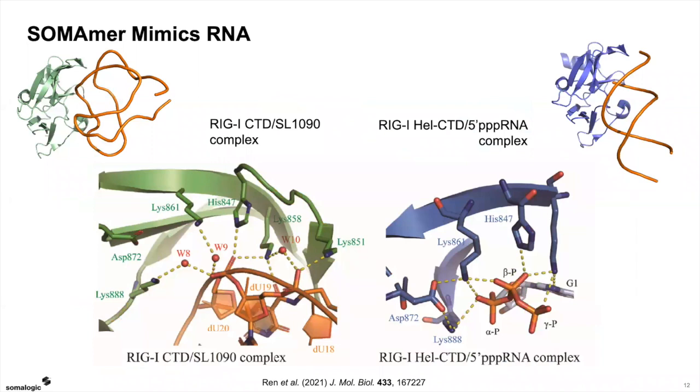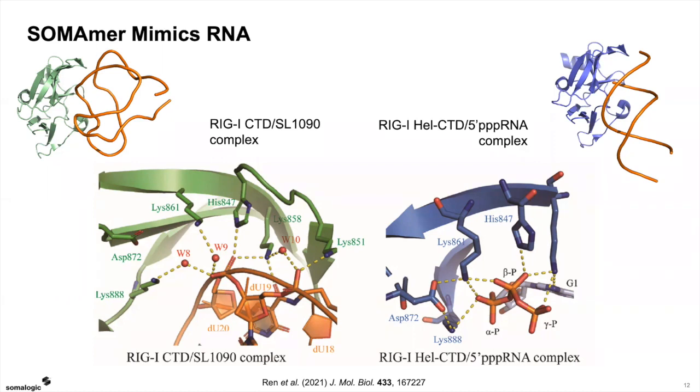But what's really cool is if we look a little bit closer at the interface and we compare how the somomer is binding with how 5' phosphorylated double-stranded RNA is binding, we can see that the somomer really mimics how the RNA interacts.